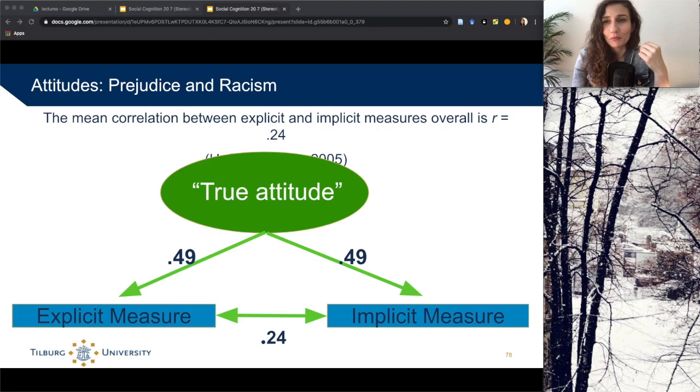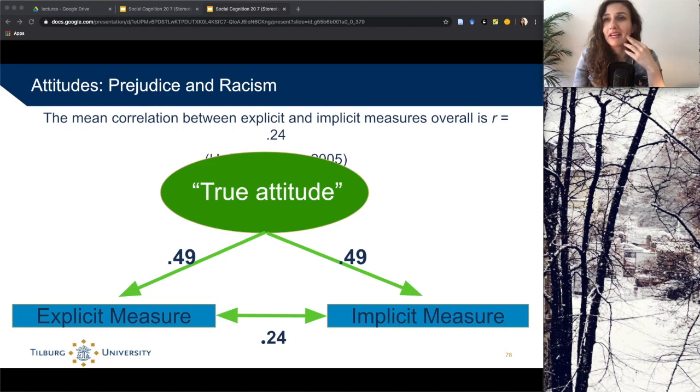Just to bring home this point that the mean correlation between explicit and implicit measures is low, I'm going to post the name of the study below. Here is some data. This suggests that the link between explicit measures and implicit measures is pretty low, at a correlation of 0.24.